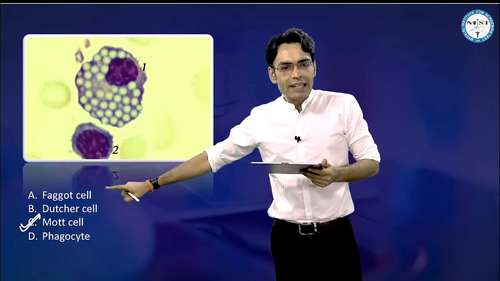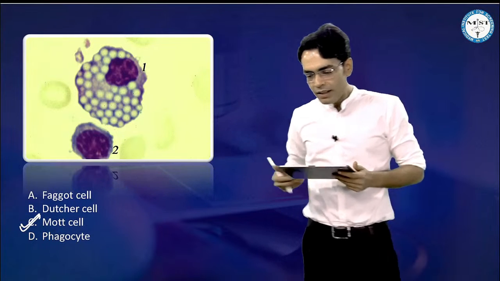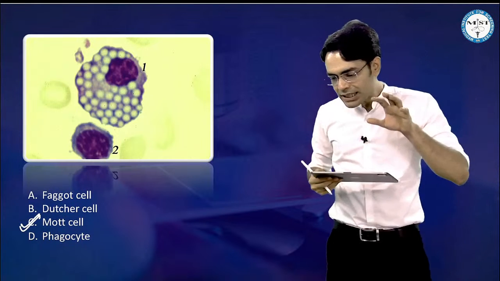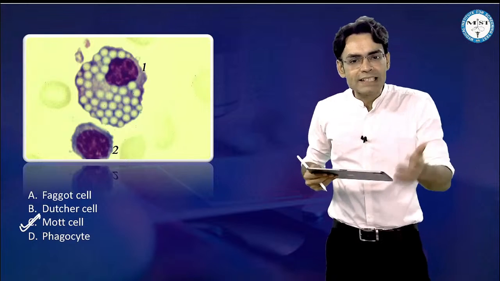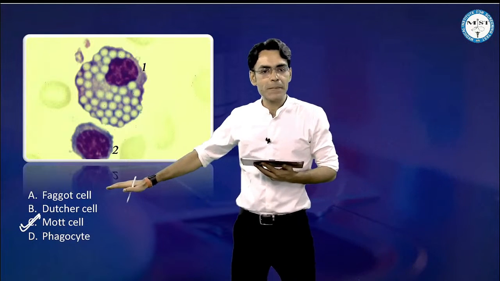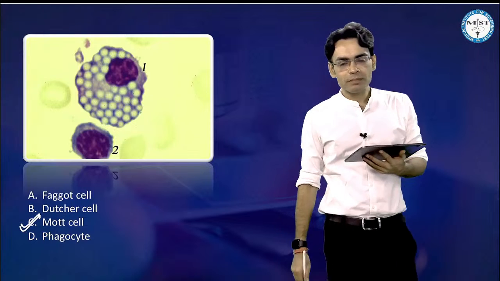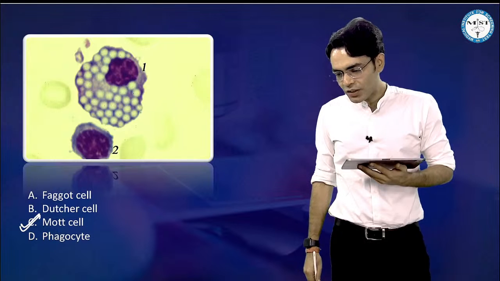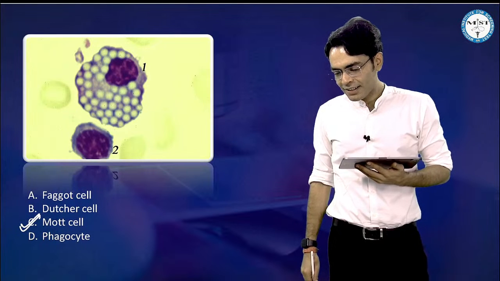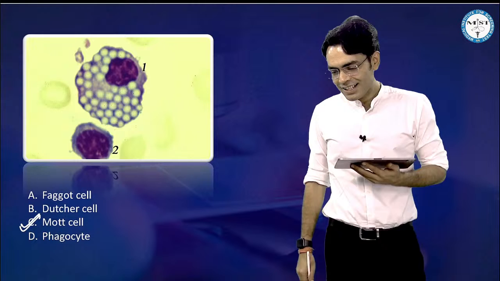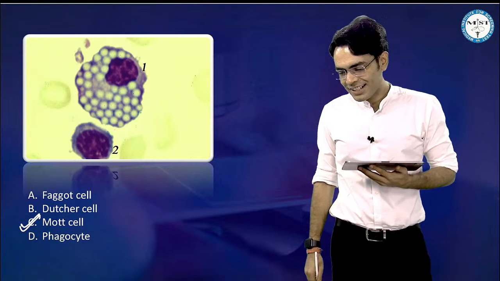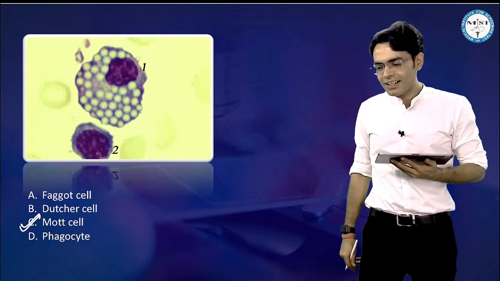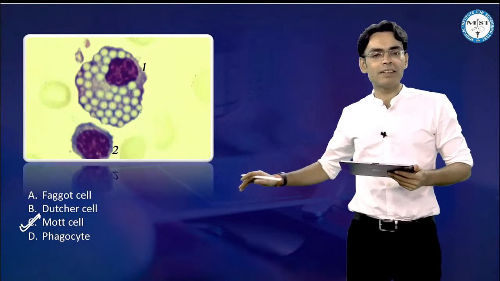Guys, do you know what is a faggot cell? Can anybody tell me? Can you please write? Yeah, the C is the correct answer. You're right. But can anybody tell me what is a faggot cell? What is this? Faggot cell. C is right. Yes, Swarna, it is seen in multiple myeloma, the Mott cell.